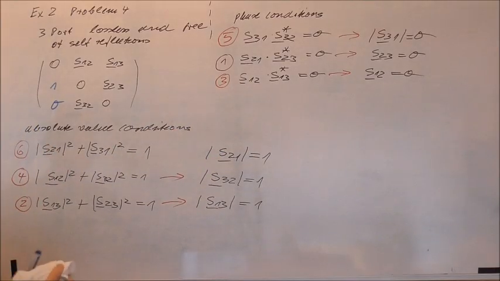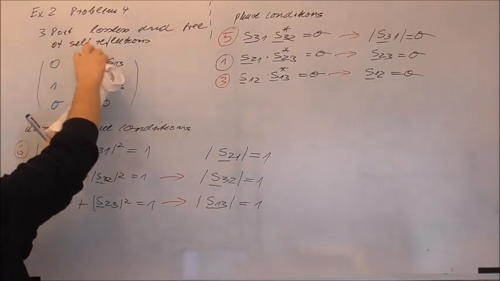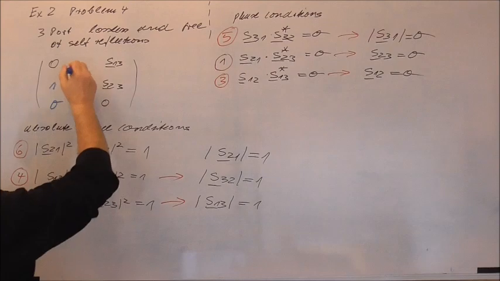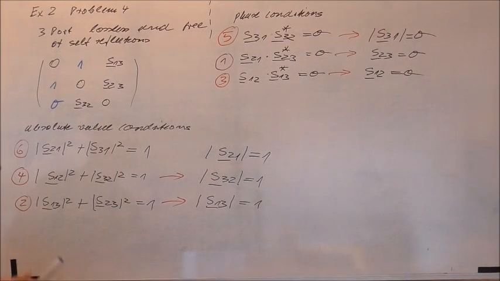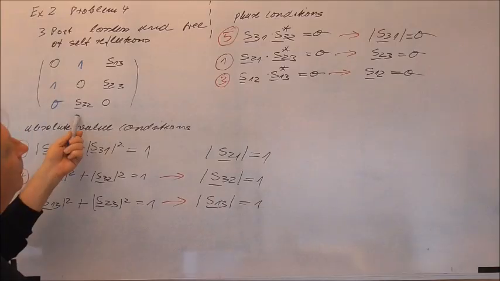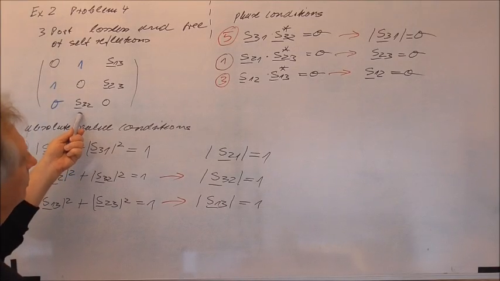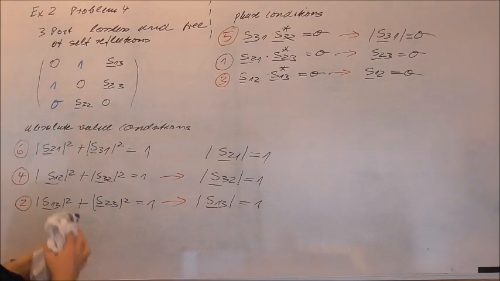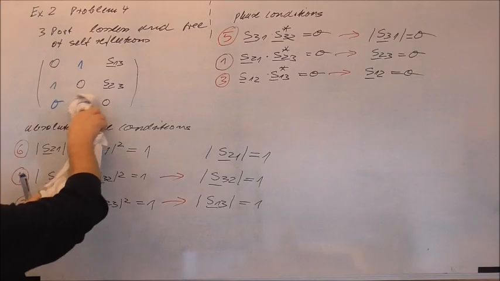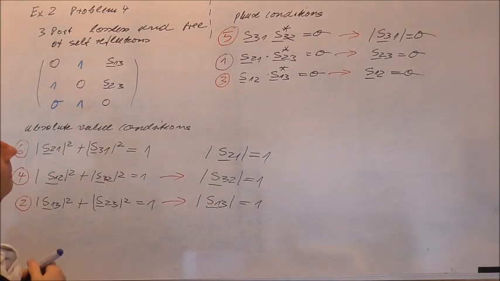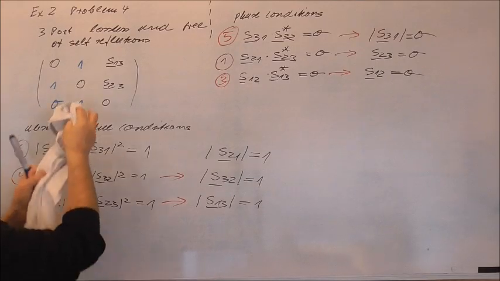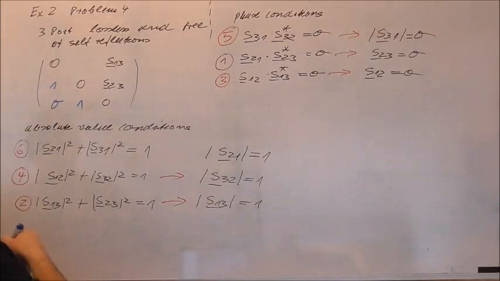Then we have a 0 here. And then we have S32, which is 1. Then we have here a 1. Oh, no. Sorry, here we have a 0, of course. I made a mistake.